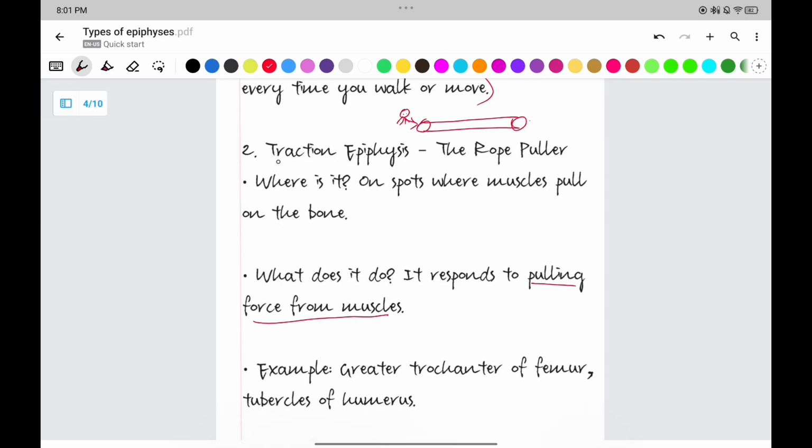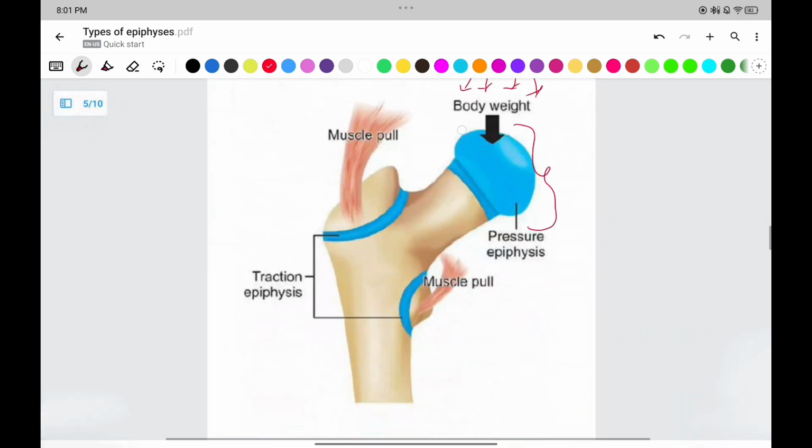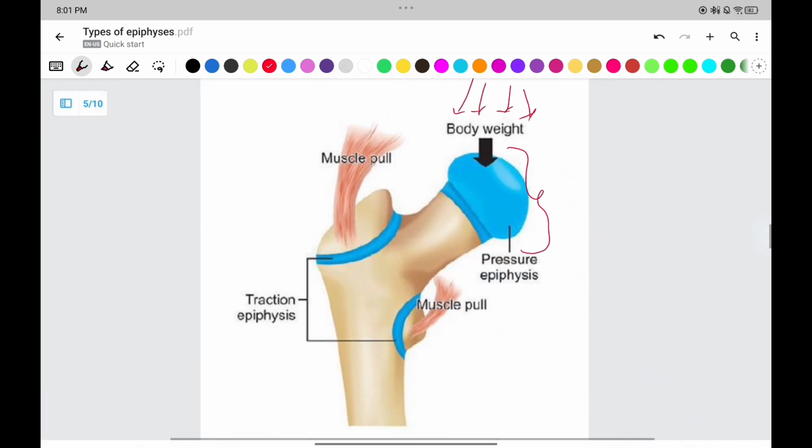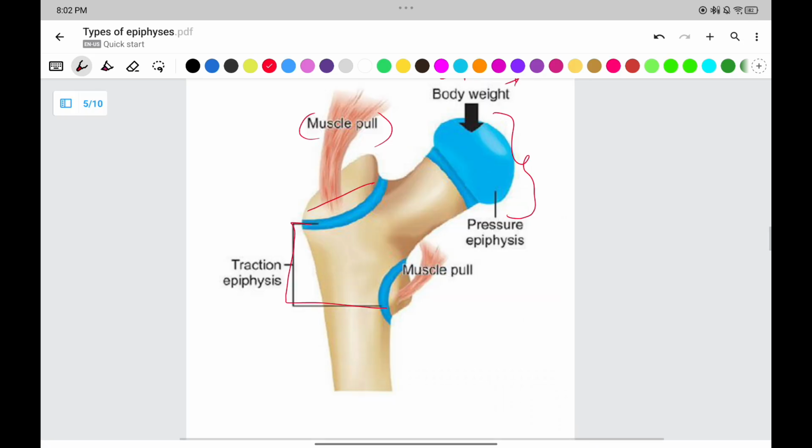It is known as the traction epiphysis. We understand this as the rope puller. Nobody generally understands when we call it rope puller, but I'll show you. This part is known as the traction epiphysis. Why do we call it traction epiphysis? This is a part of the bone, and this is a part of the bone, and this is also a part of the bone.